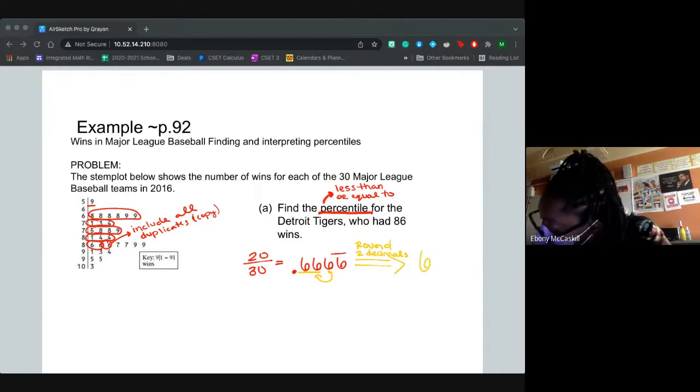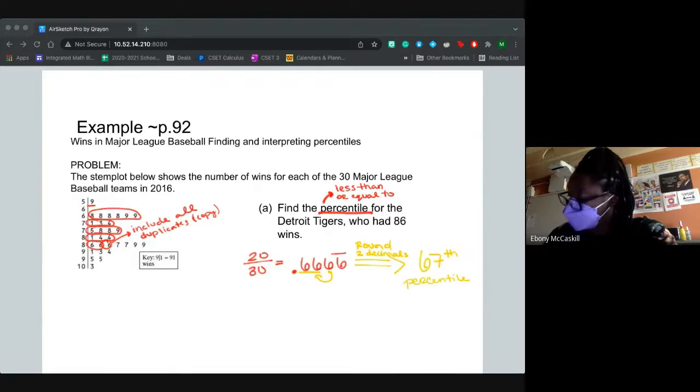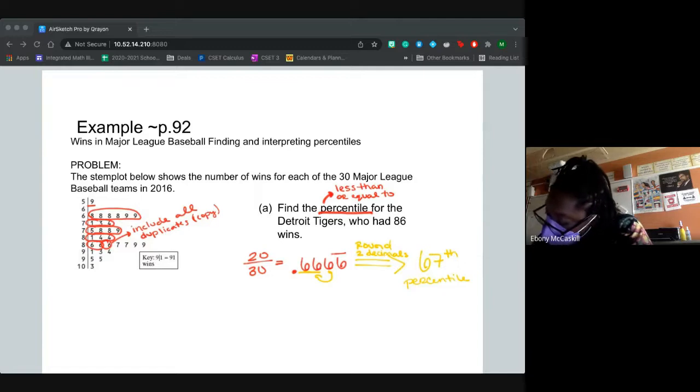I'm left with the 67th percentile. So notice how this percentile, I am not using decimals.